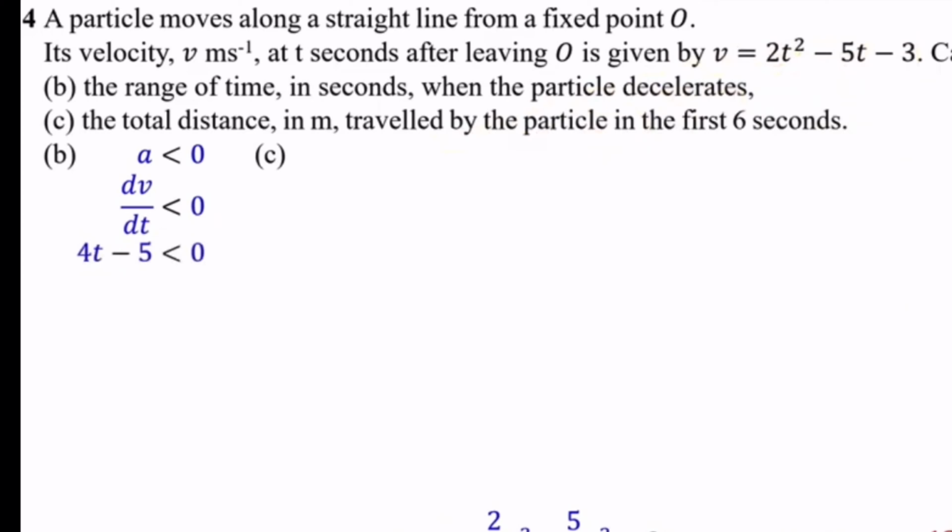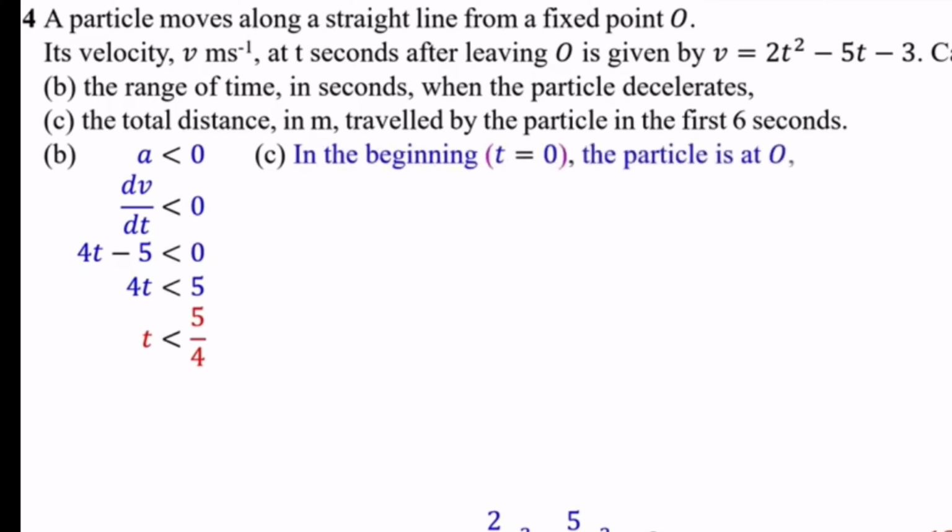So if we do dv/dt, we will get 4t minus 5, which is less than 0. That means that t will be less than 5 over 4 when the velocity is decreasing, or we call it decelerate.